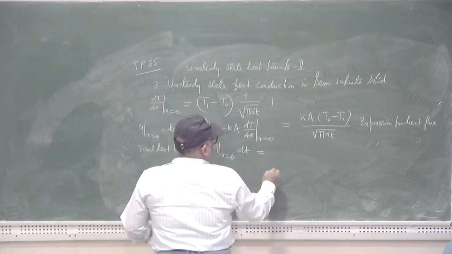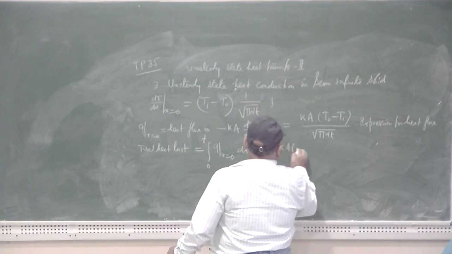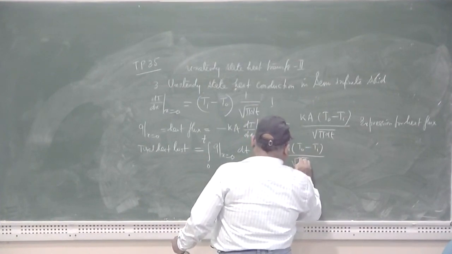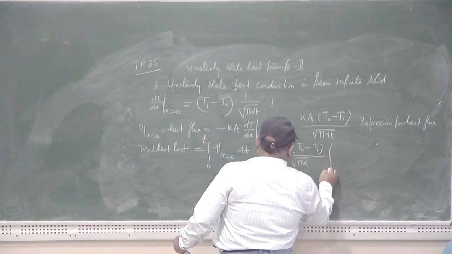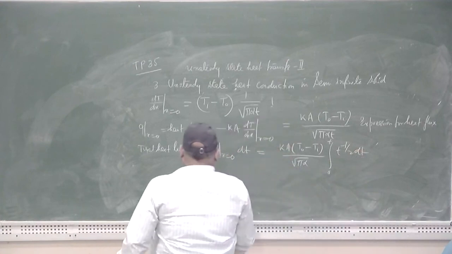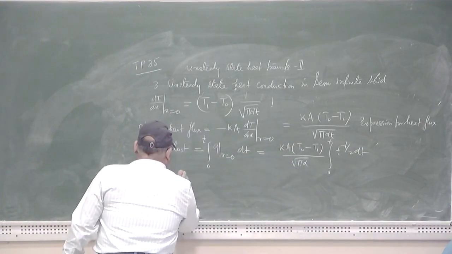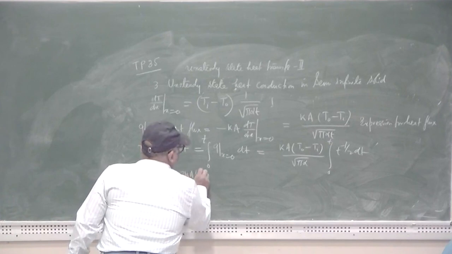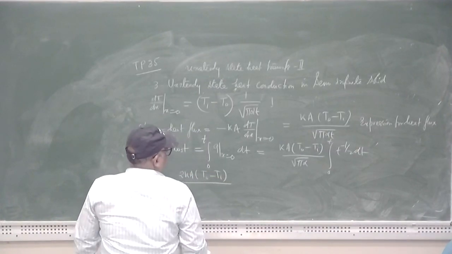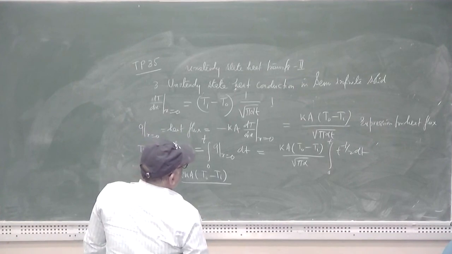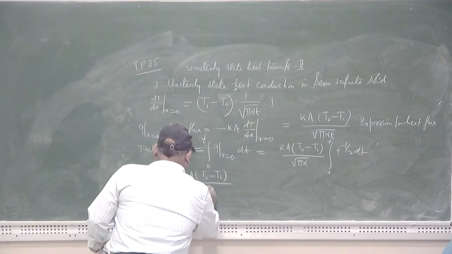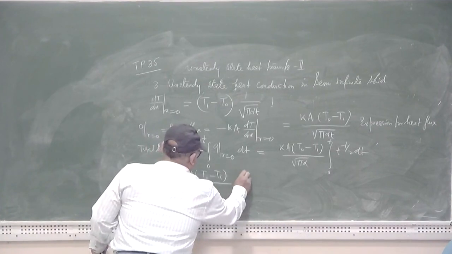That will be given as k A t naught minus ti divided by under root pi alpha, integration 0 to t of t to the power minus half dt. So that will come as 2 k A t naught minus ti divided by under root pi alpha, into t raised to the power half.